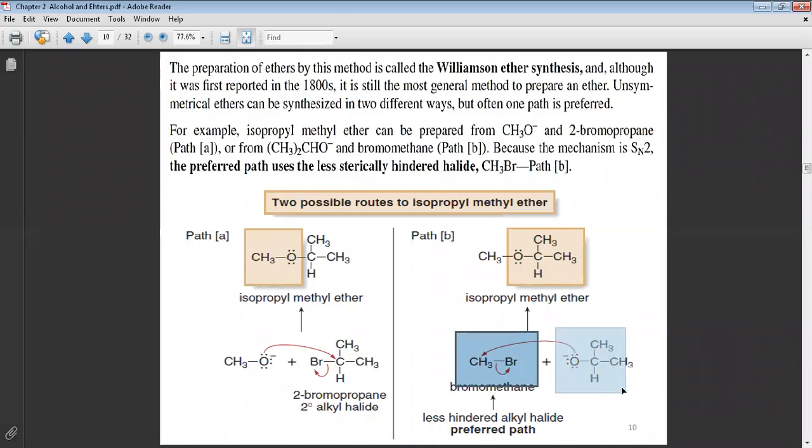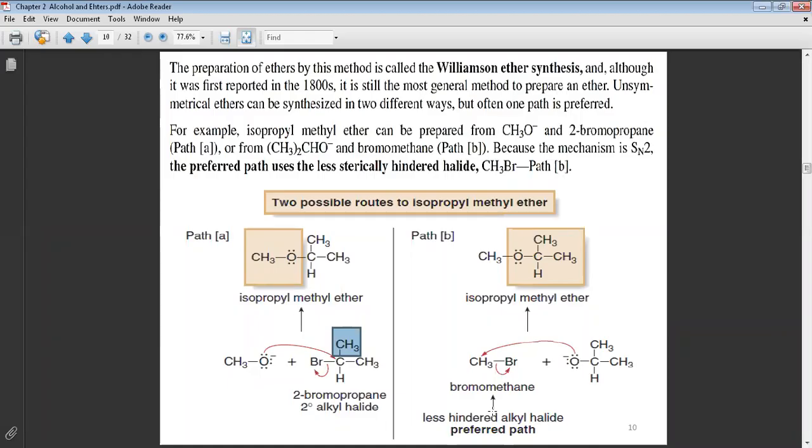That means the nucleophile can easily attack this carbon. But here the nucleophile has difficulty attacking the secondary carbon, because we have a big alkyl group here.